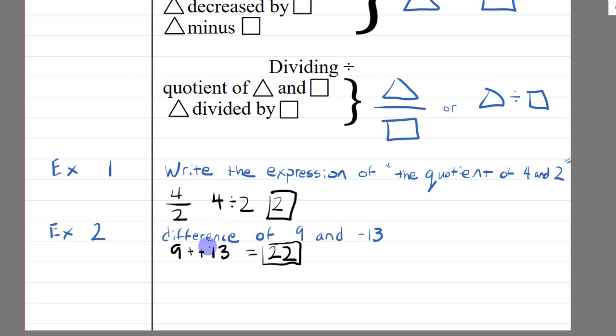Let's do one final example. This is going to be the harder one. This is going to be our final example, example 3.